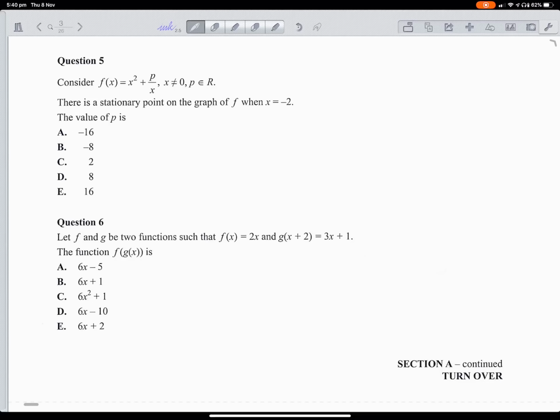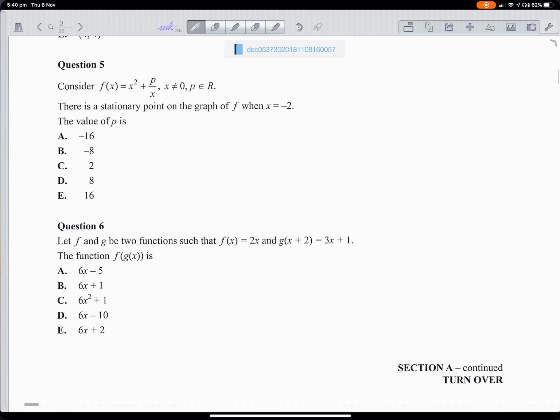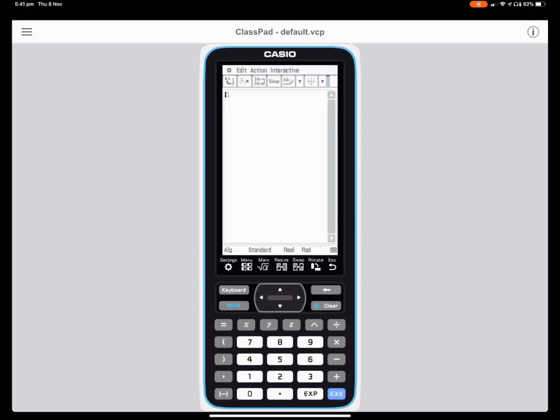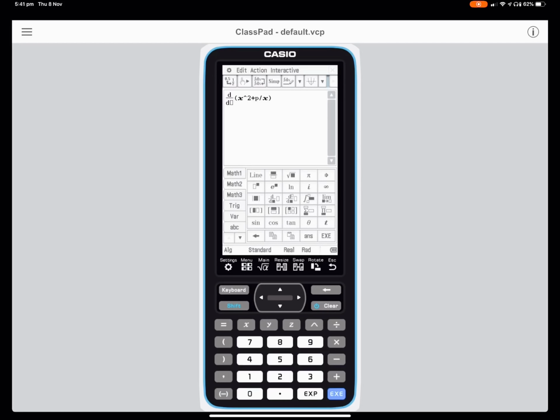Okay, there's a stationary point in the graph when x equals negative 2. The value of P is a stationary point. So dy dx equals 0 when x equals negative 2, x squared plus px. X squared plus p divided by x. Okay, we want the derivative of that equal to 0.